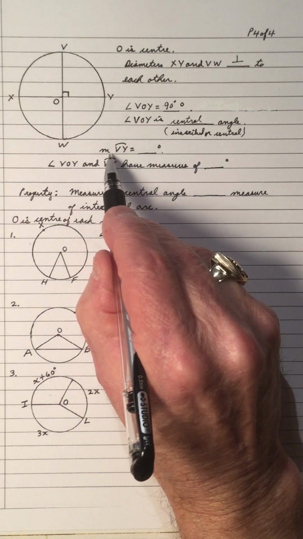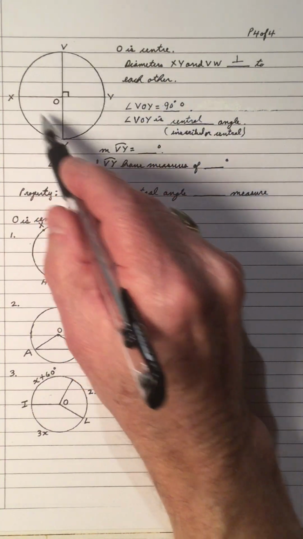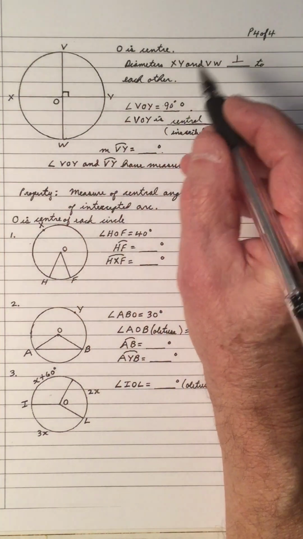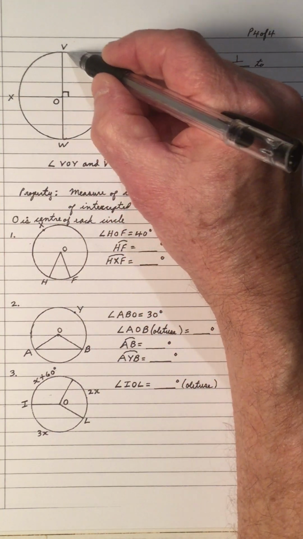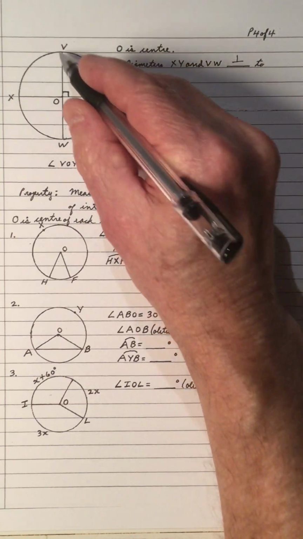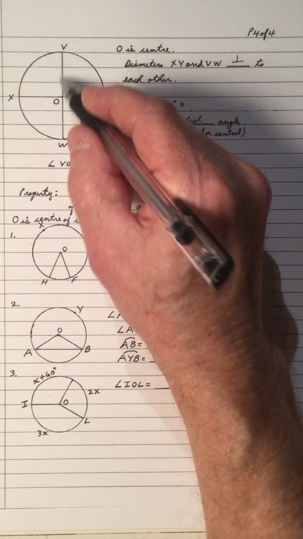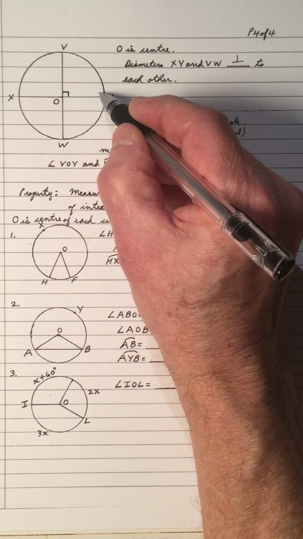Now, because these are two diameters intersecting perpendicularly, the arc VY is equal to 90 degrees. These two diameters cutting each other perpendicularly make this arc 90 degrees.